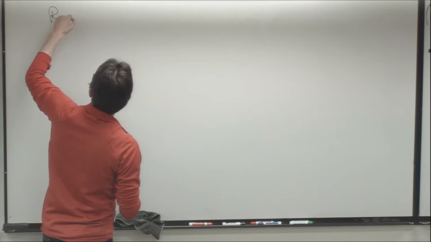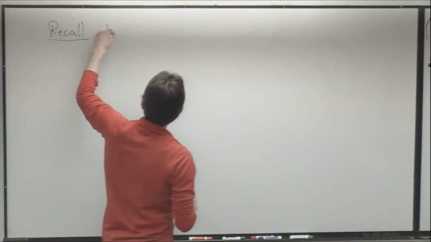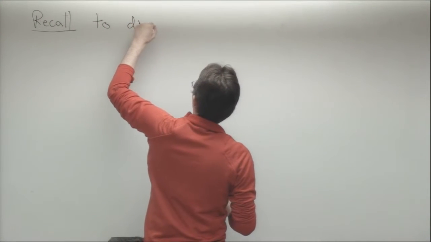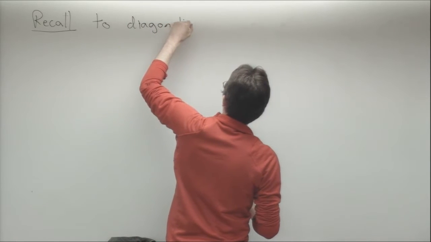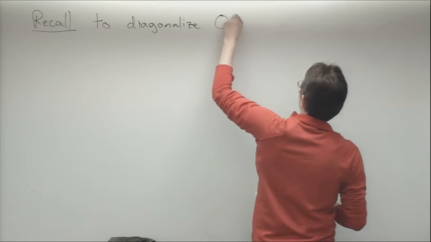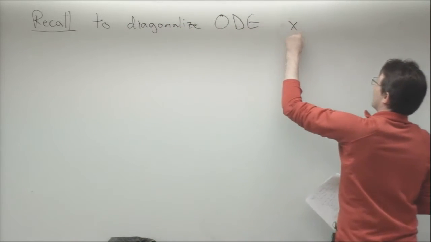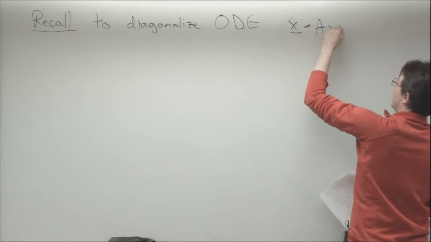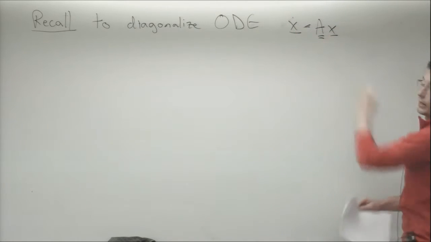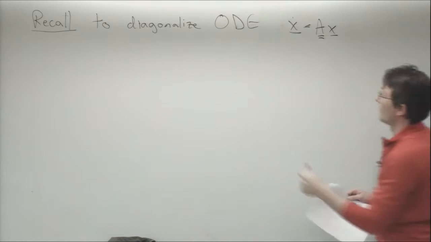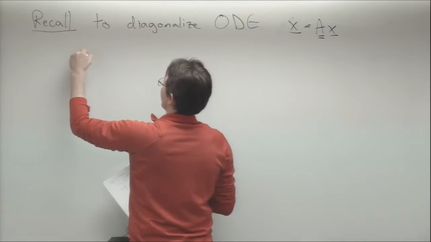I want you to recall that to diagonalize the ODE x dot equals A times x, remember x is a vector, A is a matrix, we need a coordinate transformation.